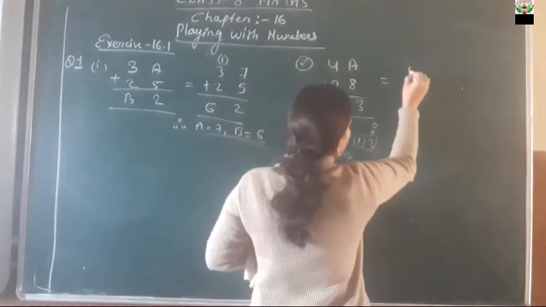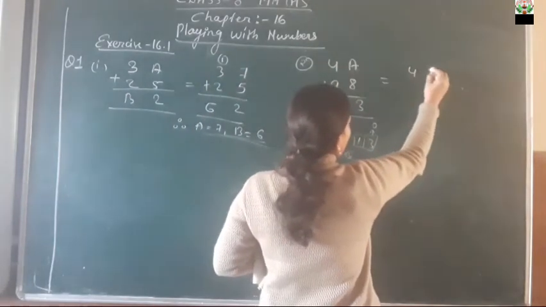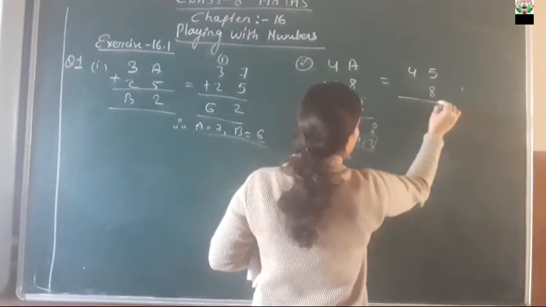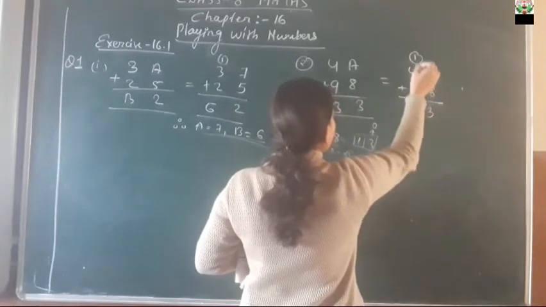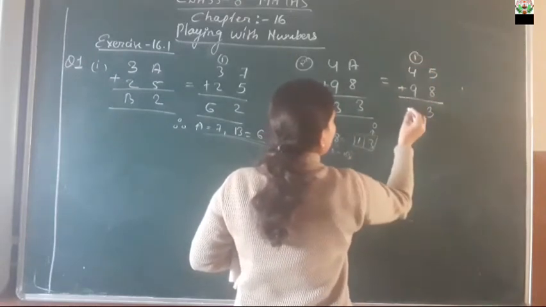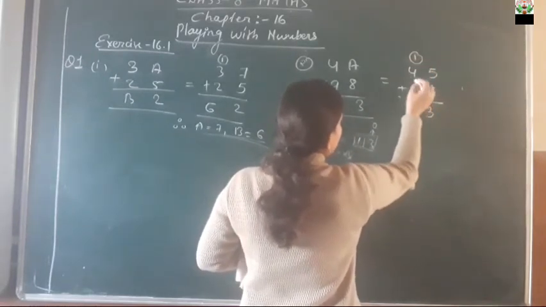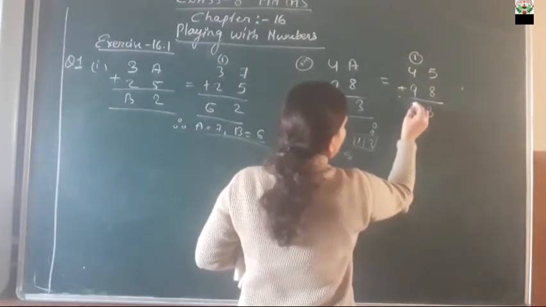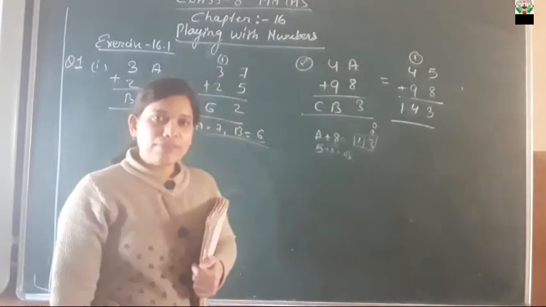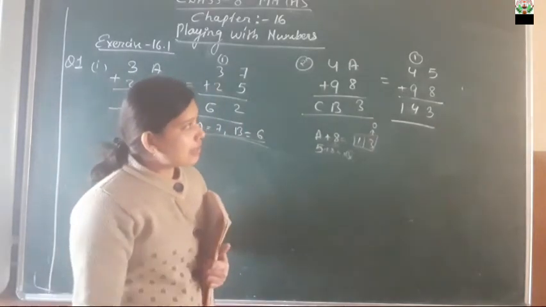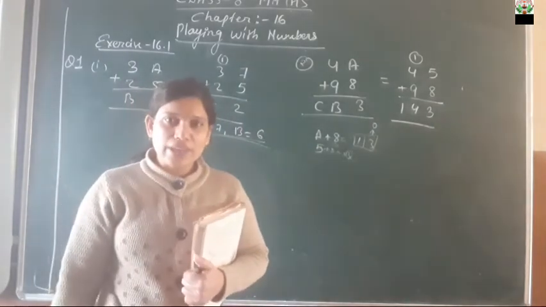So in place of a we are going to keep 5. 5 plus 8 is 13, 1 will be given carry. Now 5 plus 1, 9, 10, and plus 1, 14. So what is the value of b we will get? The value of b we will get as 4 and the value of c we will get as 1. Clear to everyone?